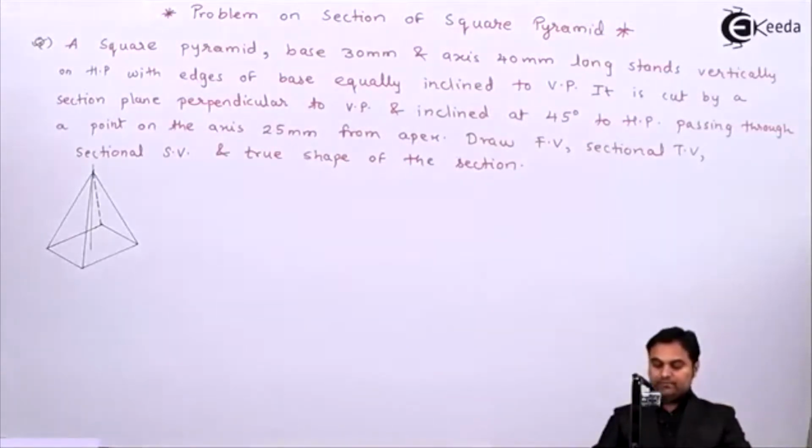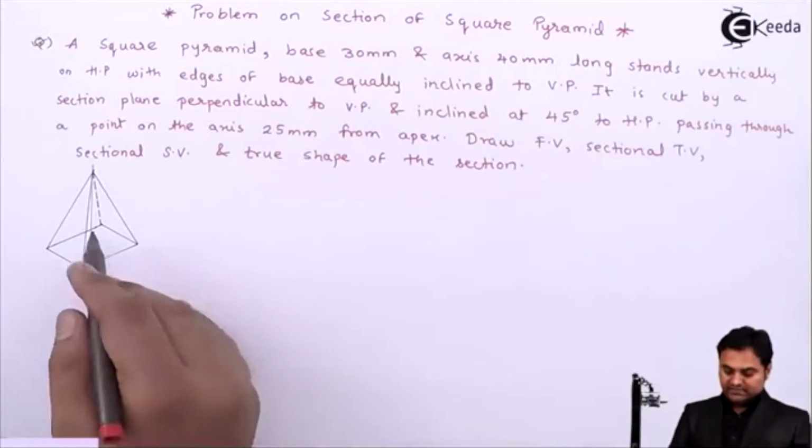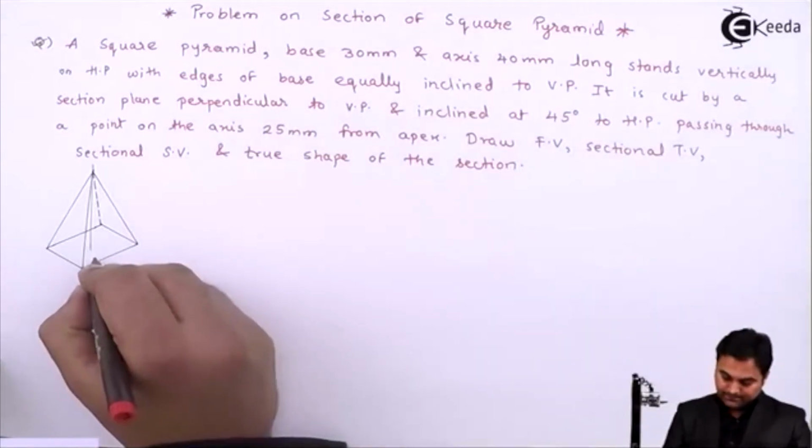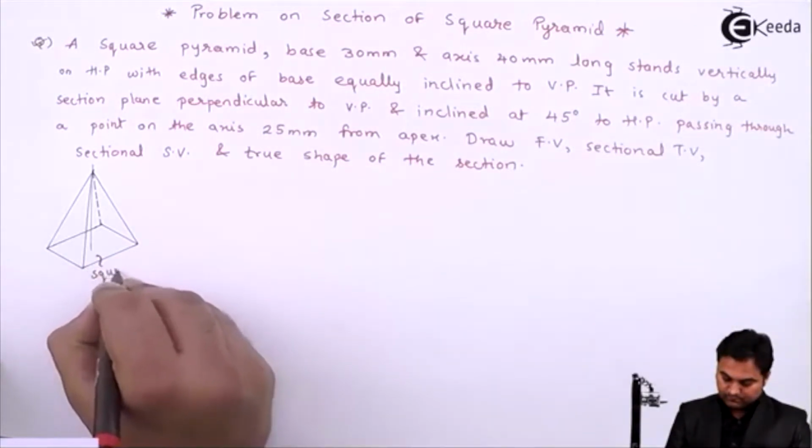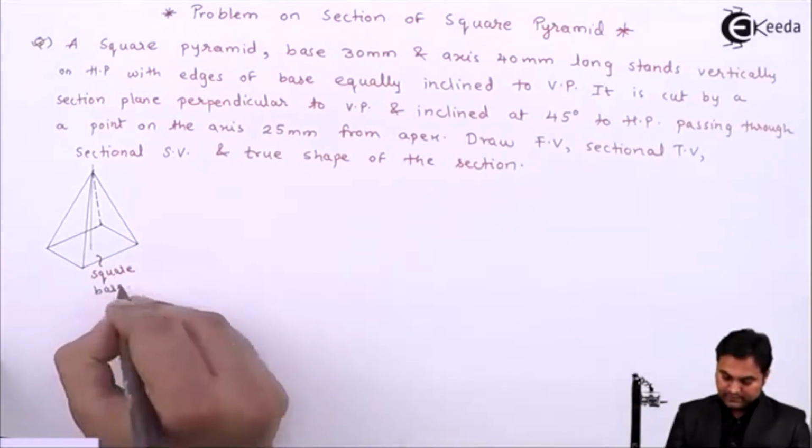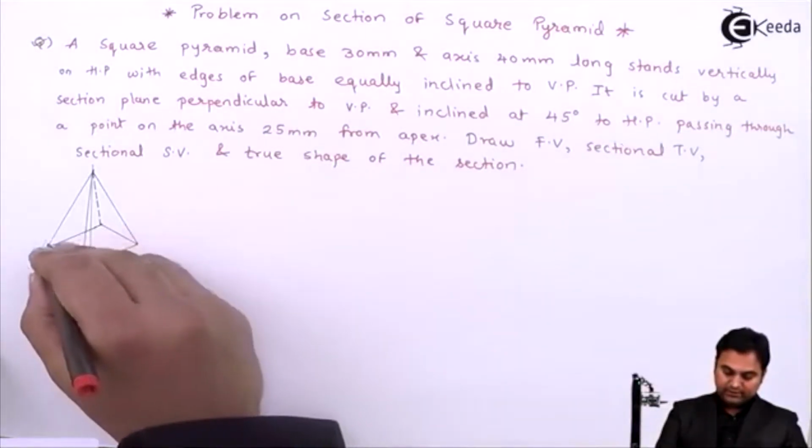So here is the diagram of a square pyramid whose base is in the form of a square. And then there are four edges.